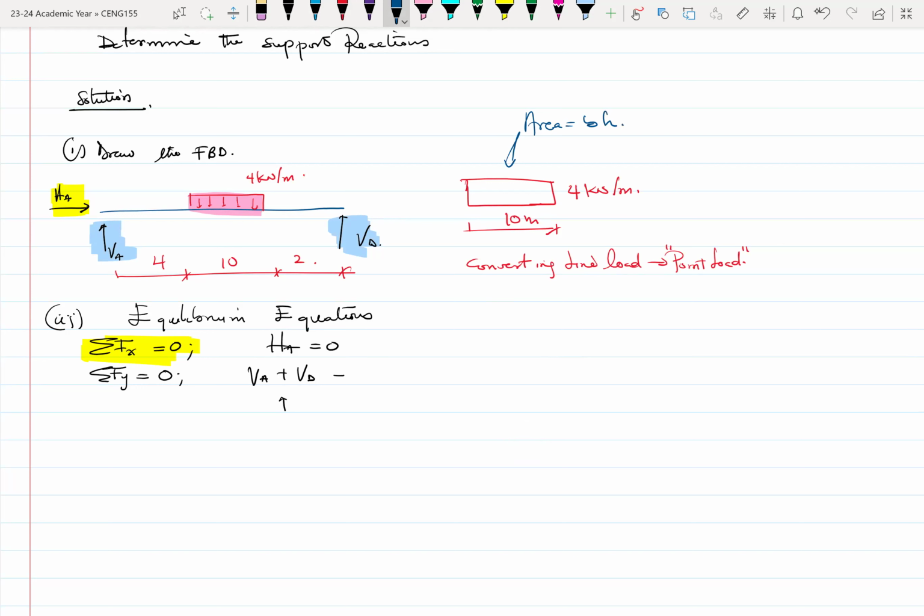Base times height. All right. So it becomes 10 meters times 4 kilonewtons per meter. And this will give me 40 kilonewtons. Okay. Typically, VA and VD will be in kilonewtons. All right. So again, as I explained earlier, we always have to add apples to apples and oranges to oranges. You cannot add oranges to apples.